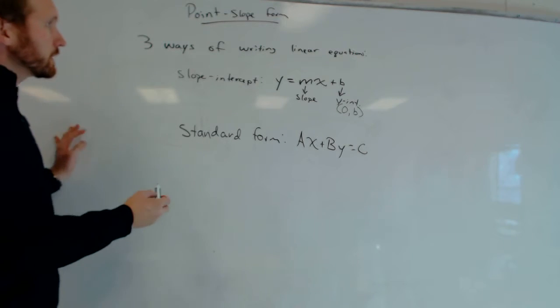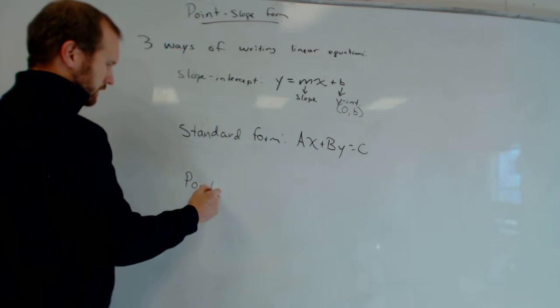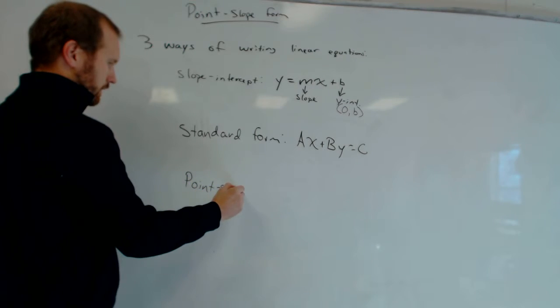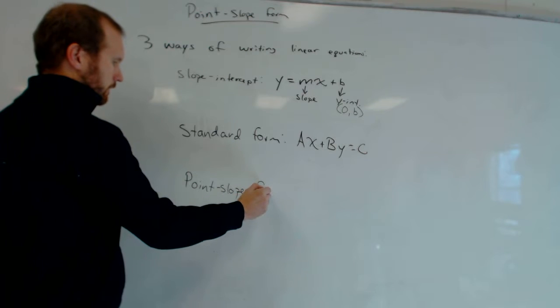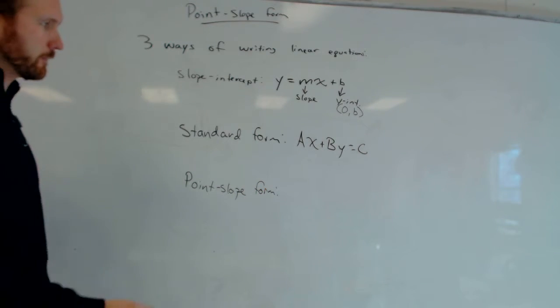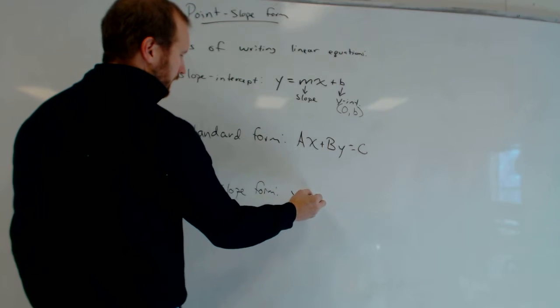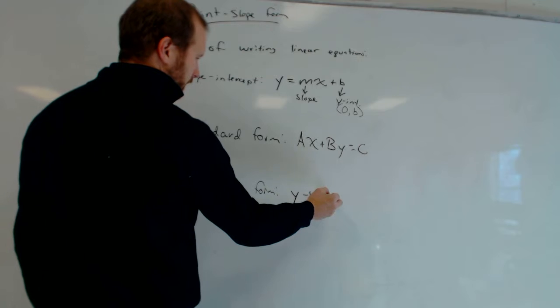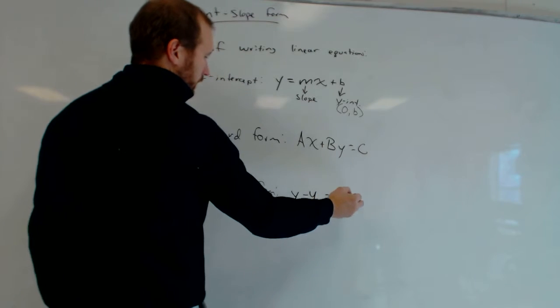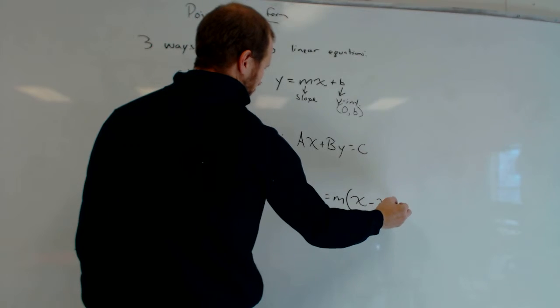So then the third form is called point slope form. And it looks the weirdest of all. So in point slope form we have y minus y1 equals m parentheses x minus x1.